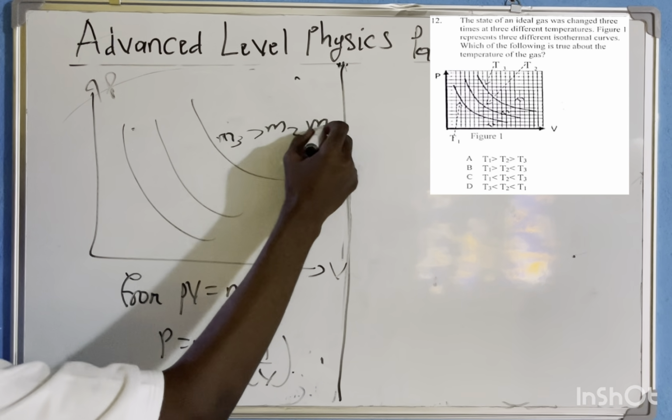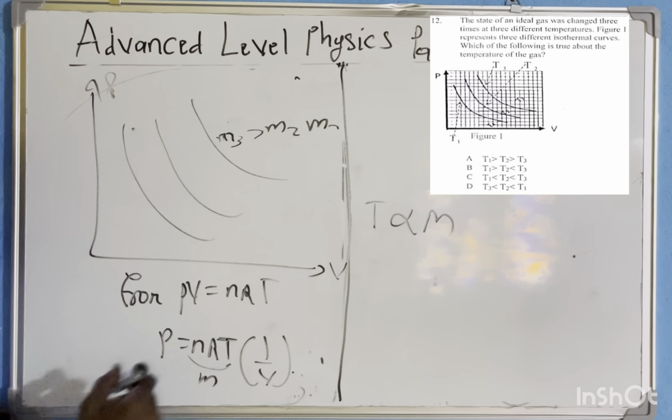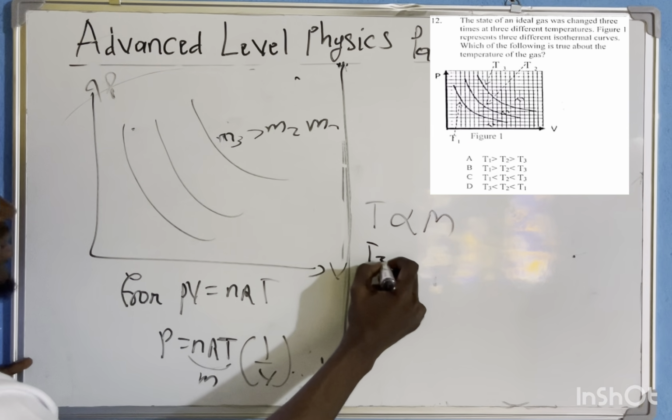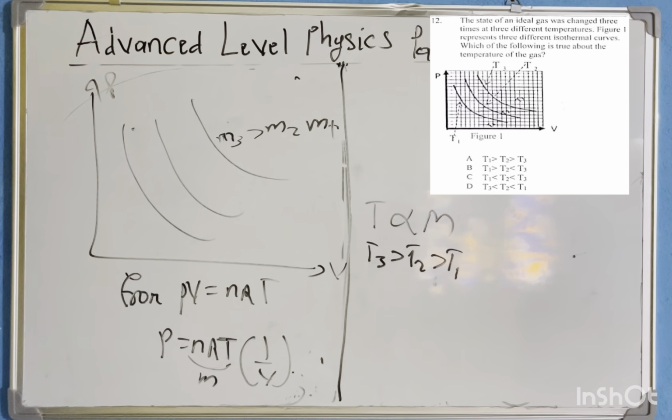And since the gradient is proportional to the temperature, because the temperature is found where we are having the gradient, therefore, we conclude that T3 is greater than T2, which is greater than T1. As simple as that. You have your mark. Making the correct proposal to be C.